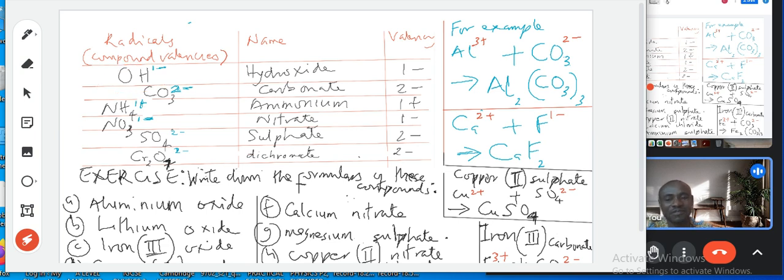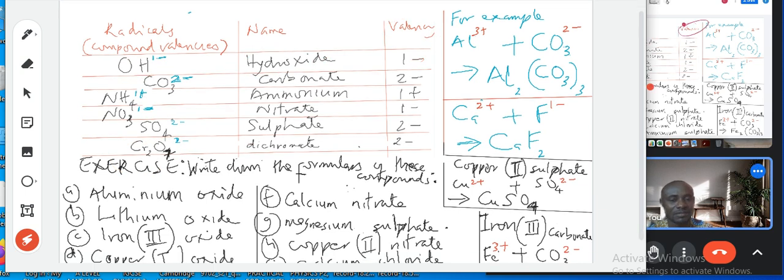Of course, usually when you have an OH it is an alkaline or a base, but I'm looking at it generally as compound valencies. For instance, OH, which is called hydroxide, carries a valency of 1 minus. CO3, which is called carbonate, carries a valency of 2 minus.